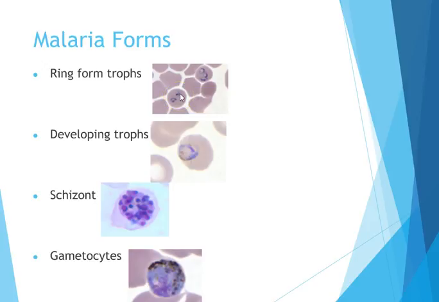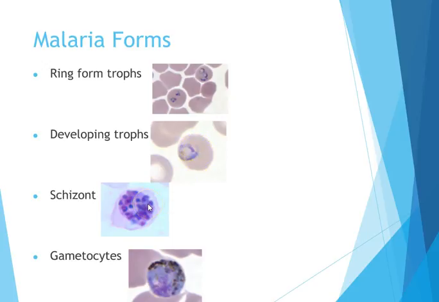And then this starts to grow and fill in, and it's called a developing troph. So it will start to take up more space in the red cell. There's more cytoplasm. It starts to get thicker. Then it turns into a schizont.